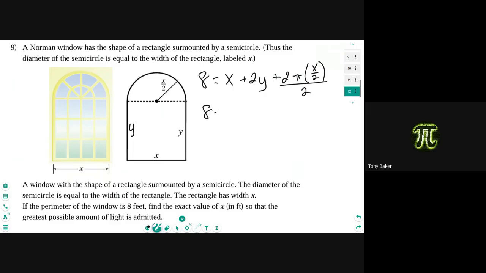So we can clean this up a little bit. x plus 2y plus x pi over 2.